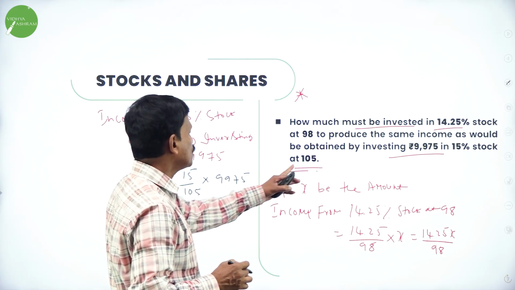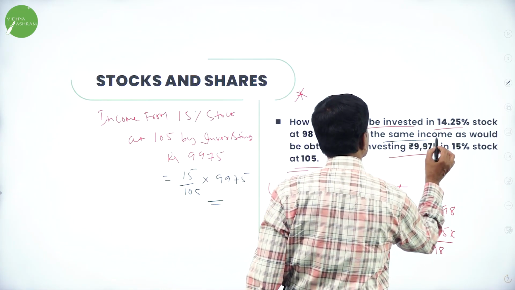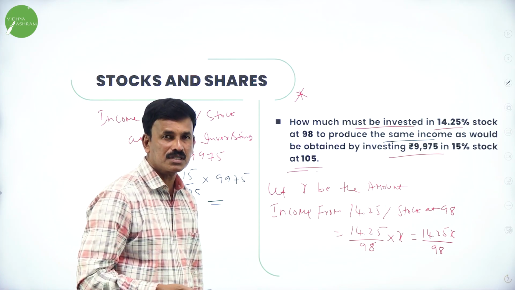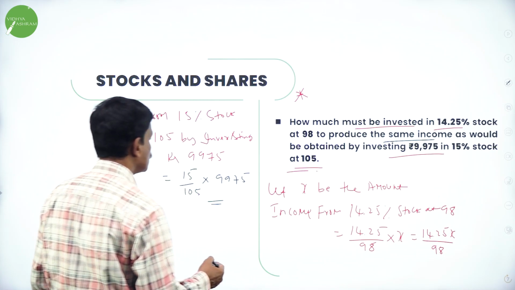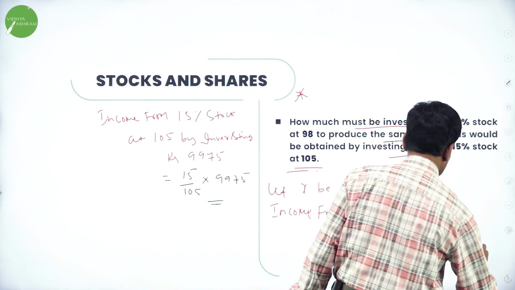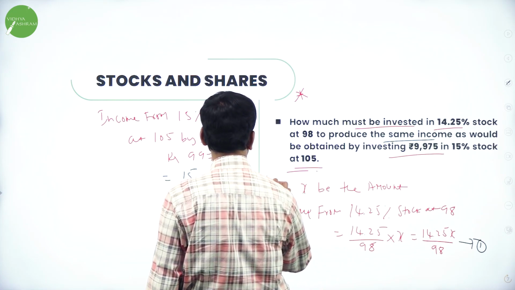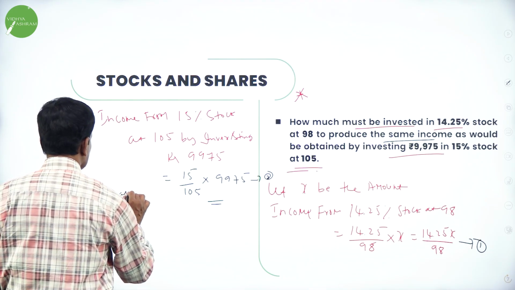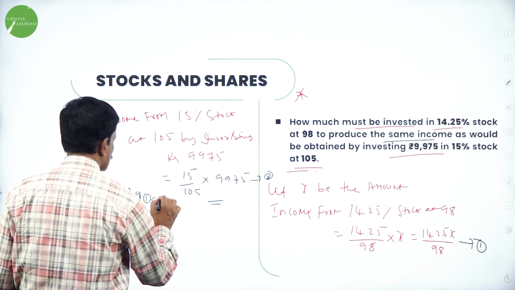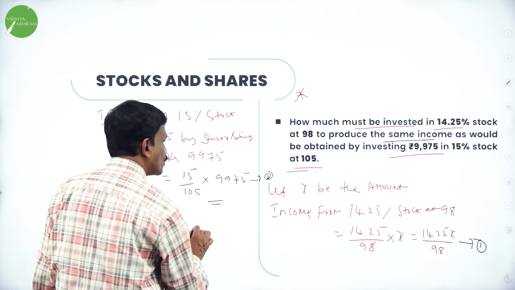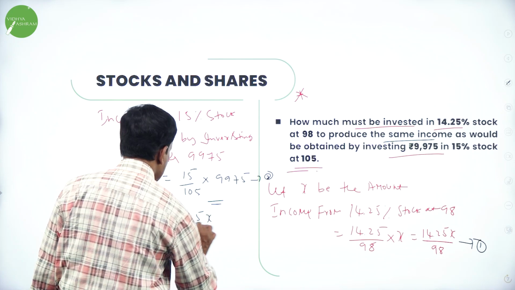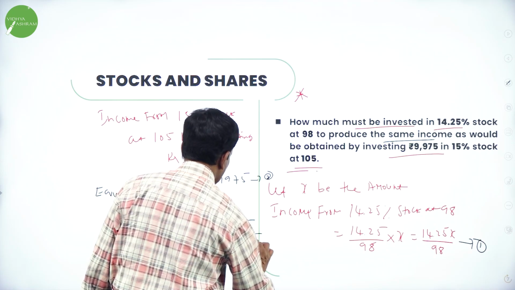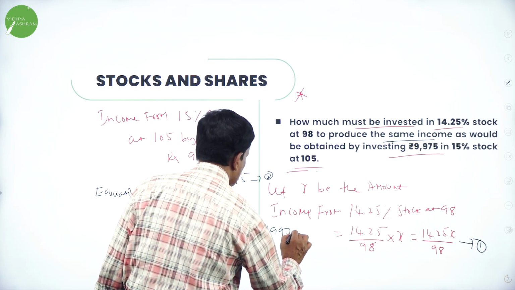Now what is given? The same income is obtained, so both incomes are equal; equate them. Let us call this equation number 1 and this equation number 2. Equating 1 and 2, 14.25x divided by 98 is equal to 15 by 105 into 9,975.